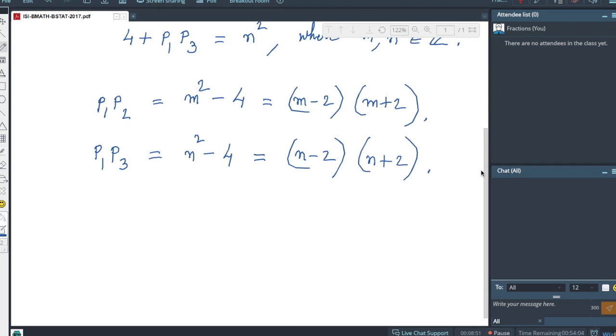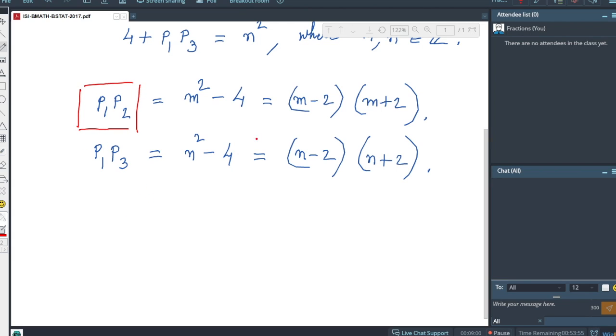So we see that on our left hand side we have the product of two primes, and on the right hand side we also have the product of two numbers.